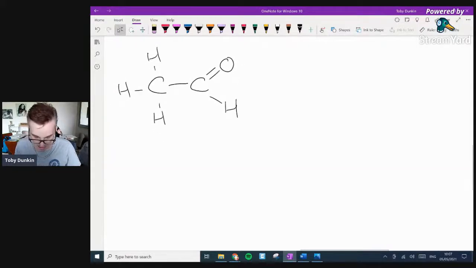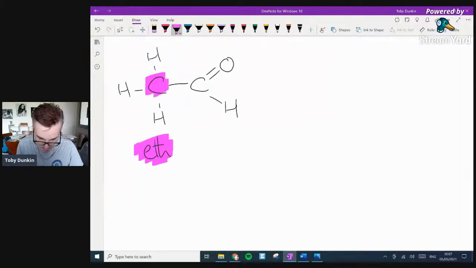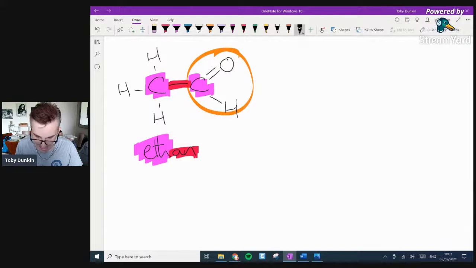Eth means 2 carbons. Next is an. And an means carbon-carbon single bond. And then this whole structure here tells us aldehyde. That's an al. It's the aldehyde.